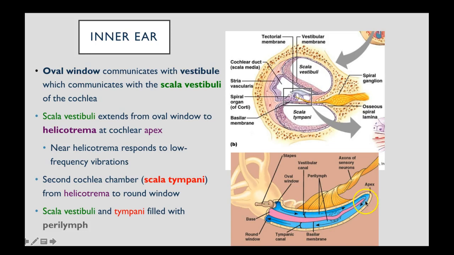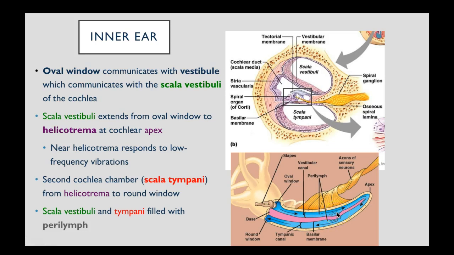That perilymph continues around, and as it's moving through, I want you to think of it as creating waves within this fluid. And when it does that, it causes this cochlear duct and endolymph within it to vibrate as well.